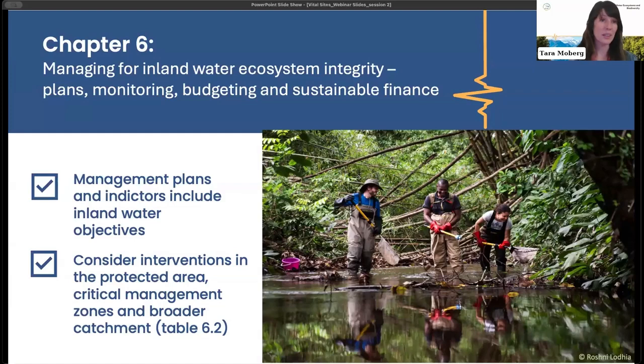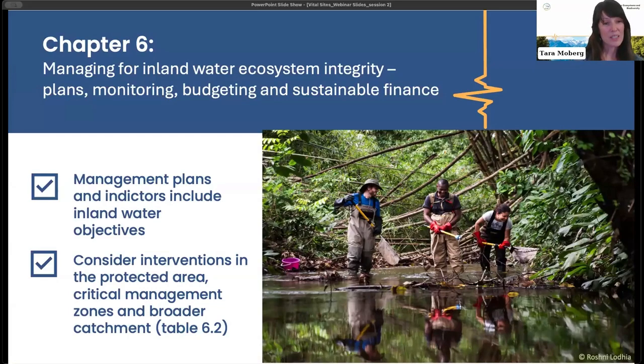This could include, again, riparian buffers and boundary markers that include those buffers. It also includes establishing indicators for measuring the effectiveness of the management plan that consider freshwater conservation or inland water conservation objectives. As you can see in the image to the right, that is a picture of a couple of colleagues in Gabon who are electrofishing, doing a survey within a protected and conserved area to assess the fish population health.